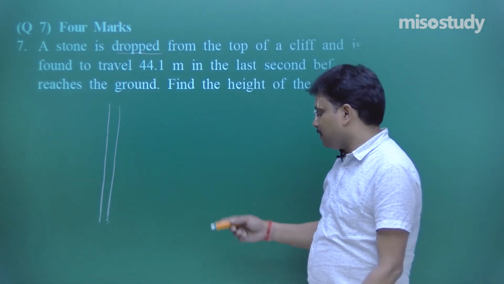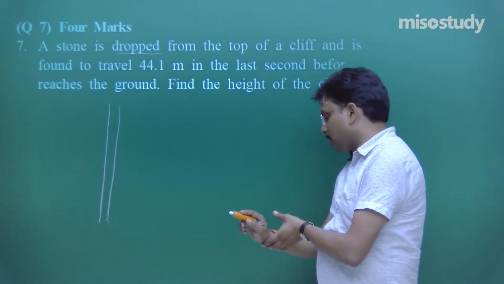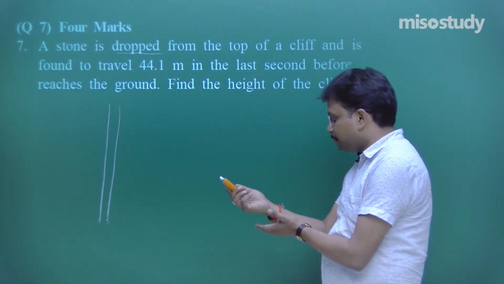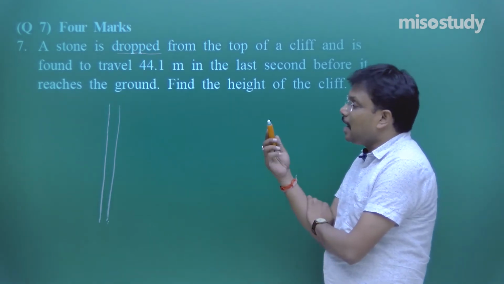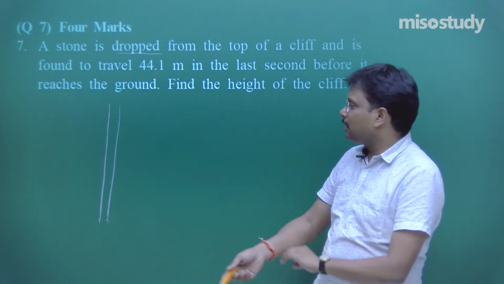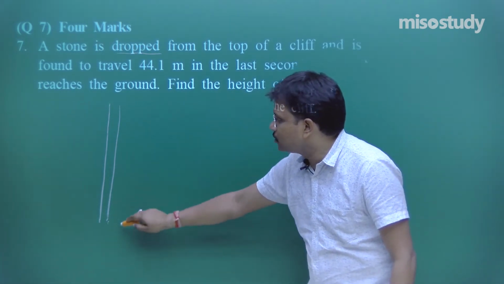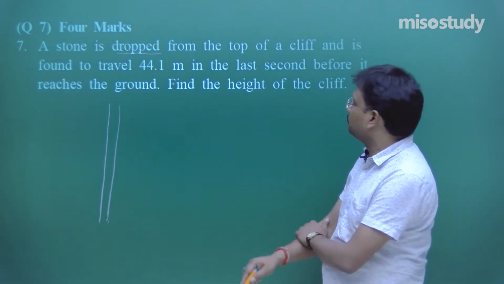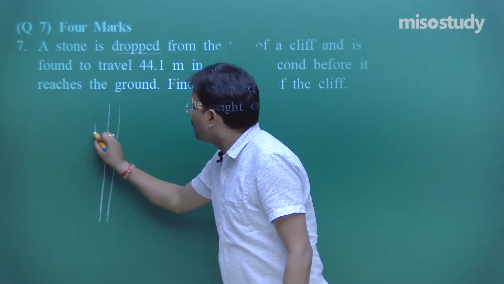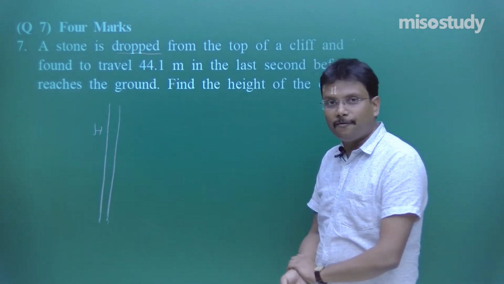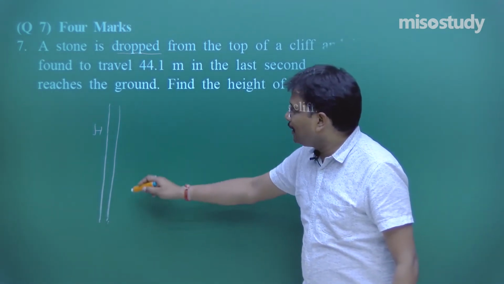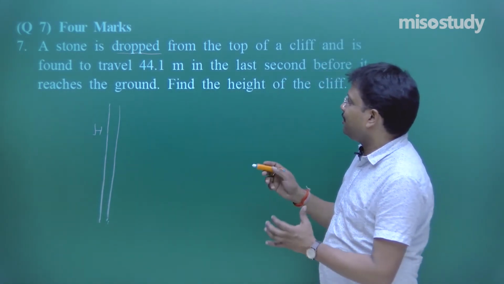So by this relation you can find this particular calculation. Now in the last second, let's say the time taken by the object to reach this complete height, and the total height is h. What is happening?